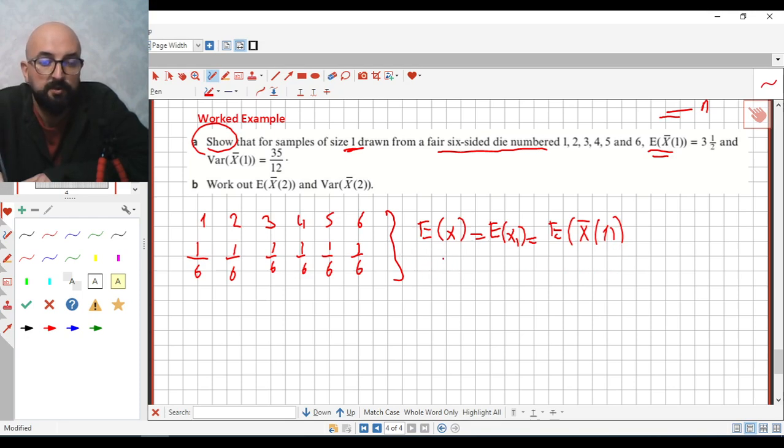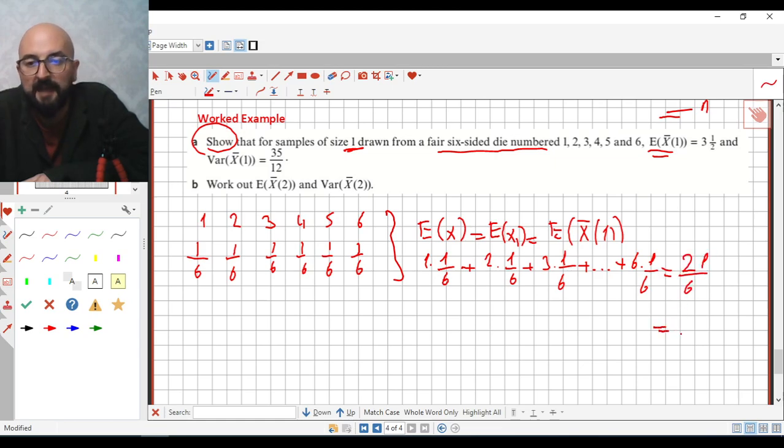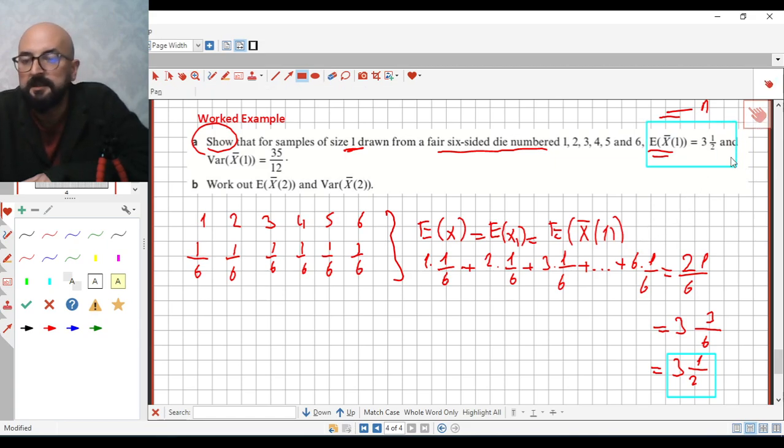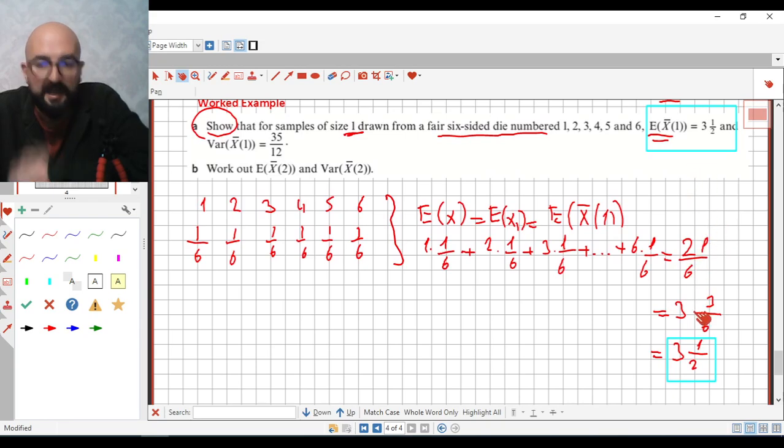If you remember the formula of expectation, 1 multiplied by 1 over 6, plus 2 multiplied by 1 over 6, plus 3 multiplied by 1 over 6, and so on until 6 multiplied by 1 over 6. It means 21 over 6, and we can say 3.5.